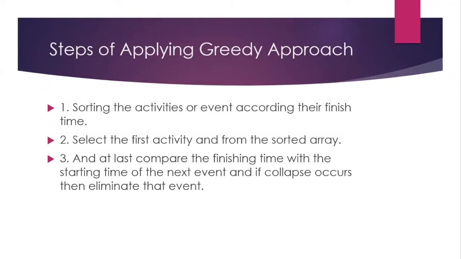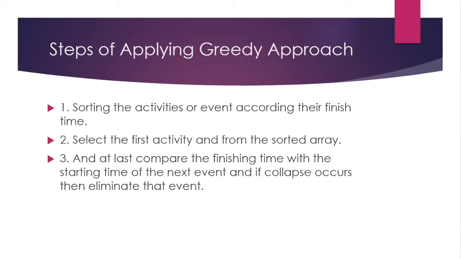Now I am going to explain the steps of applying the greedy approach on the activity selection problem. First, we have to sort the activities or events according to their finishing time in ascending order. After that, we have to select the activity which has the least finishing time and print it.